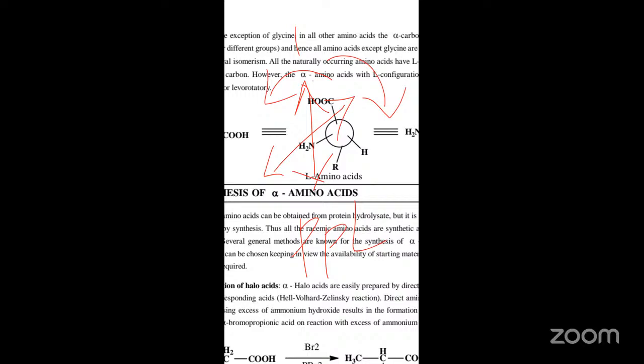If a compound rotates the PPL towards the right side, it is called D, a D amino acid. And if a compound rotates the light towards the left side, then it is called L. Okay, so D and L. The DL nomenclature is assigned to this.